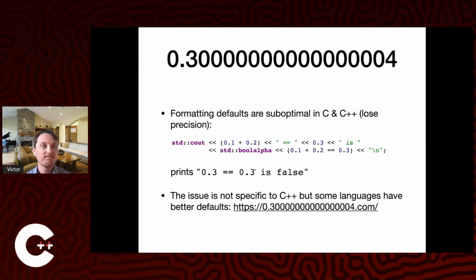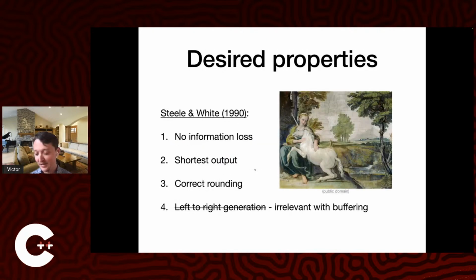Why does it happen? It happens because the default precision for cout and printf is 6, some magic number. So it actually loses information when you do the output. And this issue is not specific to C++, but some languages have better defaults. There is a site with a nice URL, 0.30000000000000004.com, with some relevant information.